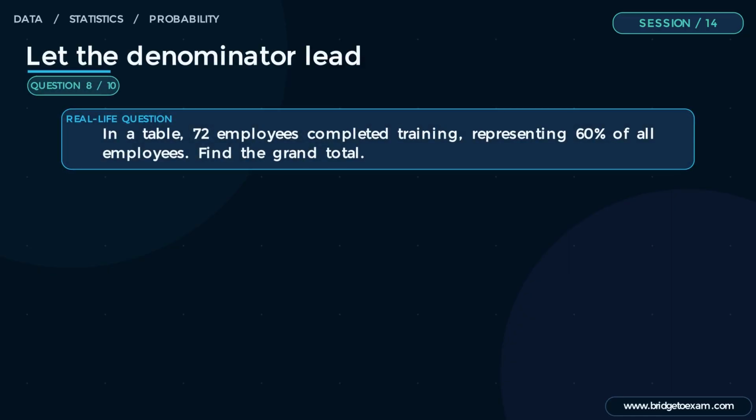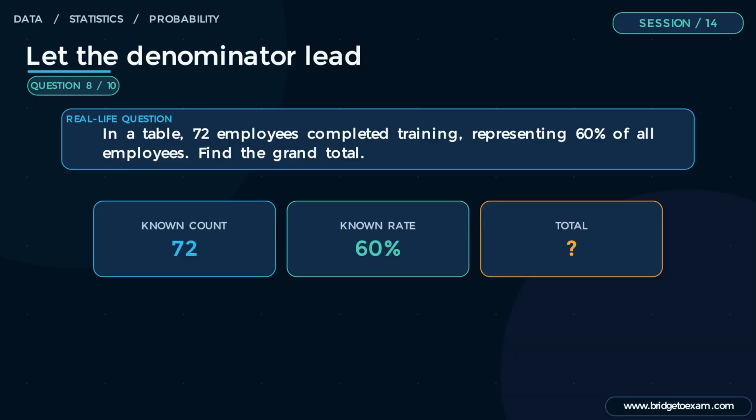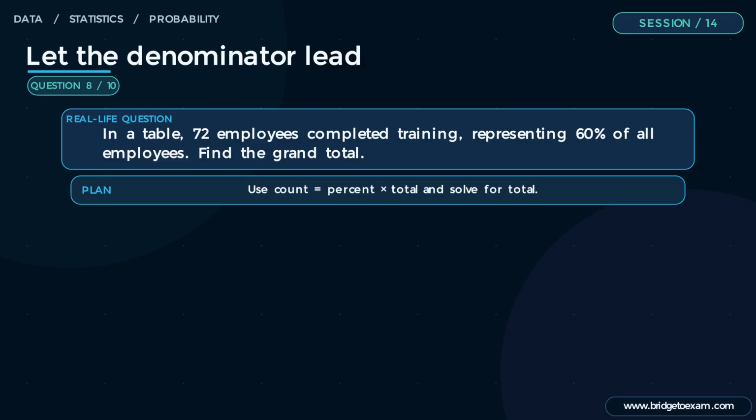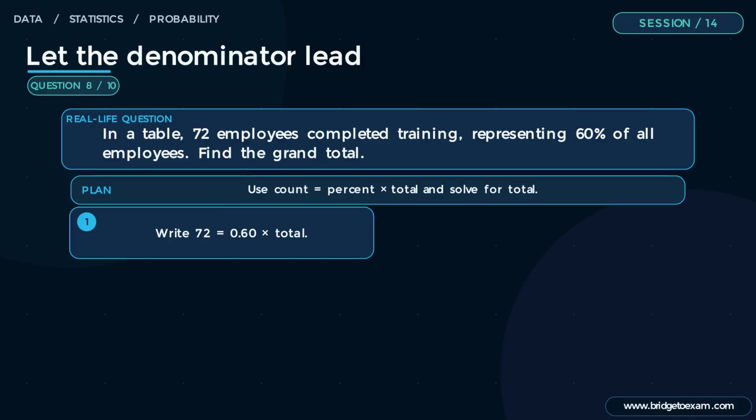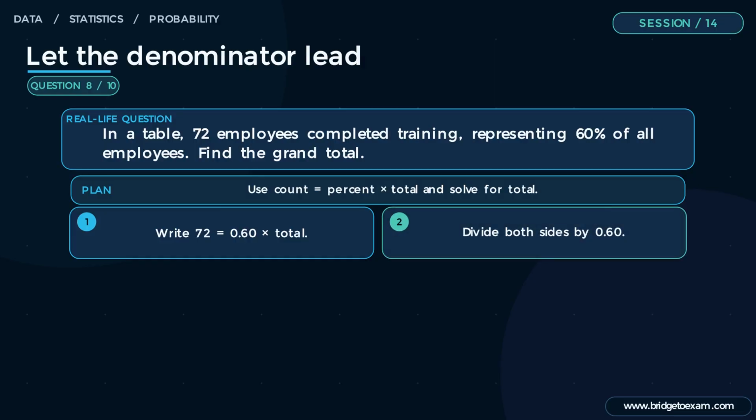Example 8. In a table, 72 employees completed training, representing 60% of all employees. Find the grand total. The key quantities are organized before the arithmetic begins. Plan. Use count equals percent times total and solve for total. Step 1. Write 72 equals 0.60 times total. Step 2. Divide both sides by 0.60.